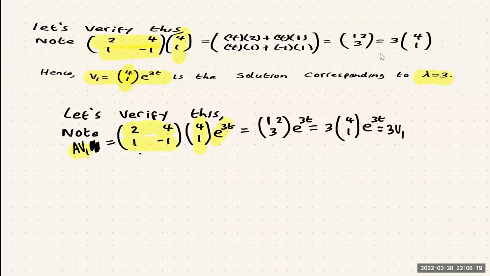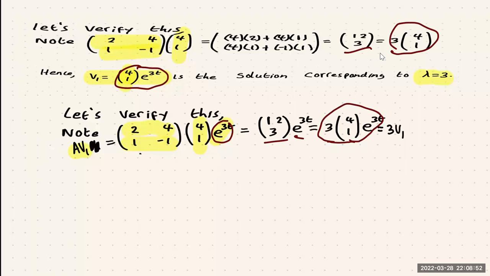The only difference here is we have an e there, so it's going to be the same as above. It's going to be (12, 3) with an e to the 3t. You can factor the 3 out like we did up here, so it'd be 3 times (4, 1) e to the 3t. And note that you can write this as 3 times v1. My v1's over here.